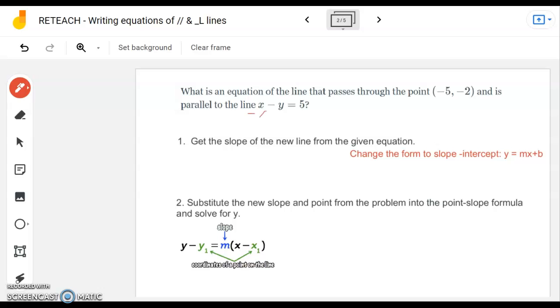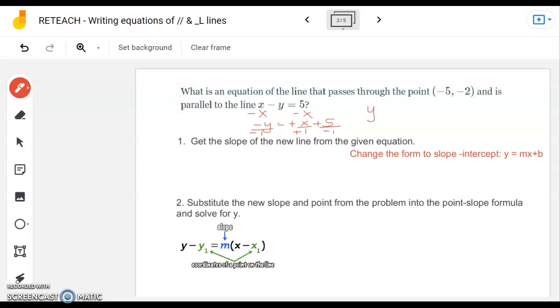I'm going to subtract x from both sides. I get negative y is equal to negative x plus 5. And then the number in front of y is negative. That's really a -1. So I'm going to divide everybody by -1. I have a double negative with negative x and 1, so that's going to turn to a positive.